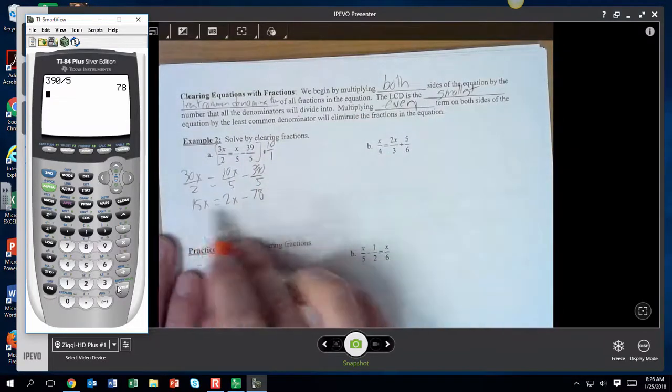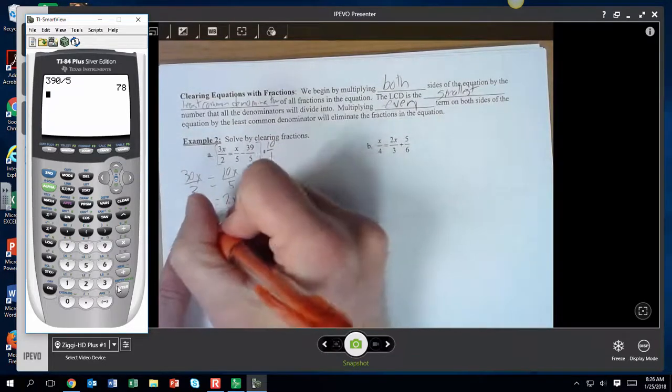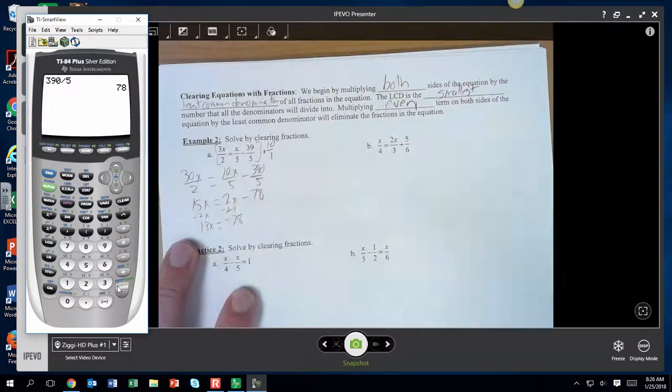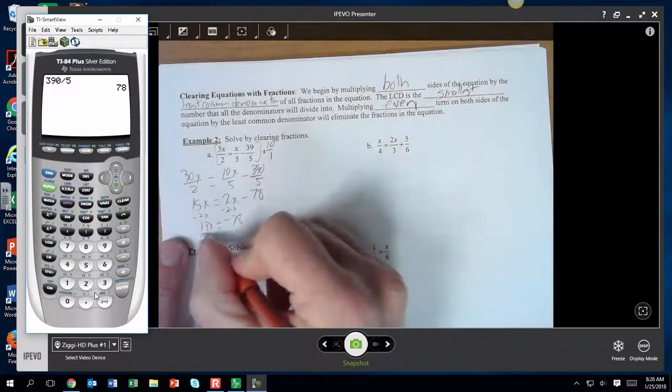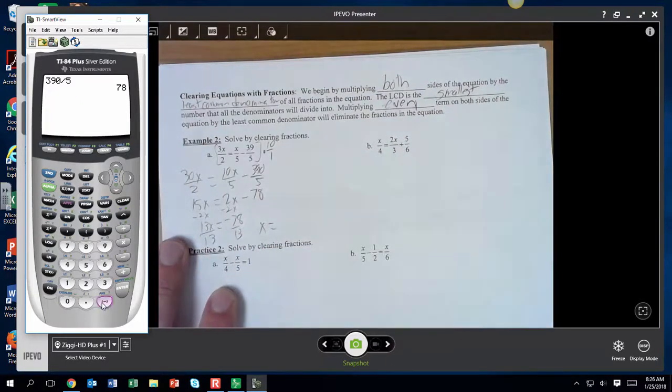Notice now I have eliminated all the fractions in my problem. I can subtract 2x from both sides. I get 13x equals negative 78. I divide both sides by 13, so x is going to equal, if I do negative 78 divided by 13, x equals negative 6.